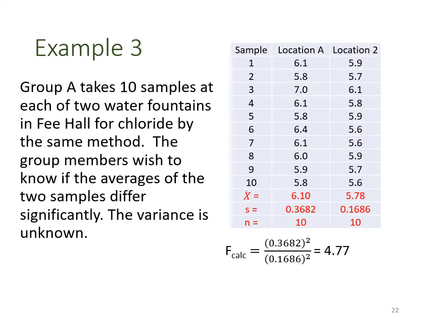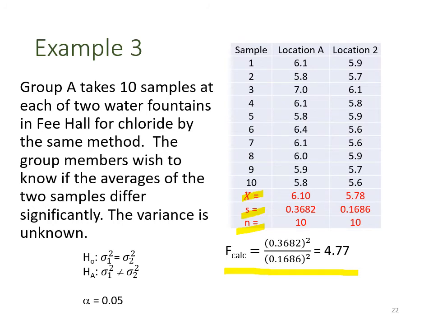So again, they will calculate the mean, the standard deviation, and n, and they then calculate the experimental or calculated F value, and that is 4.77.